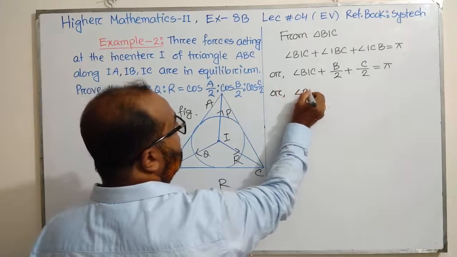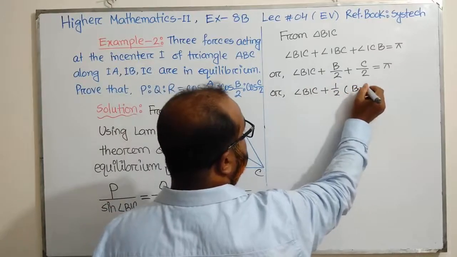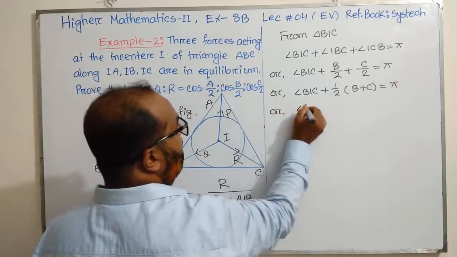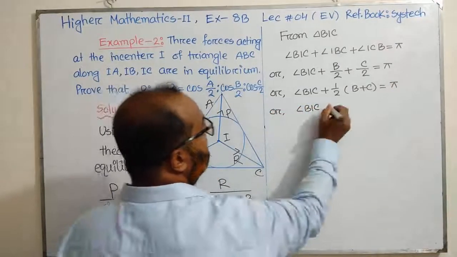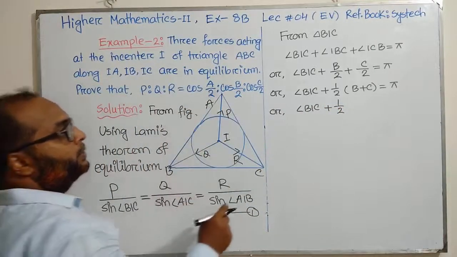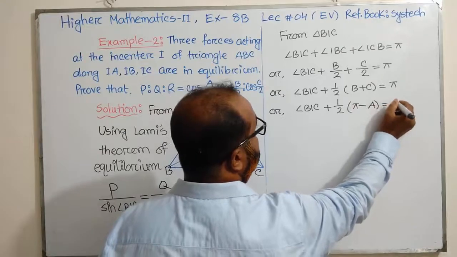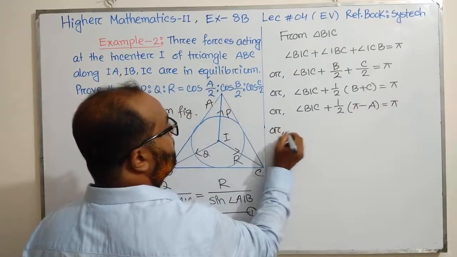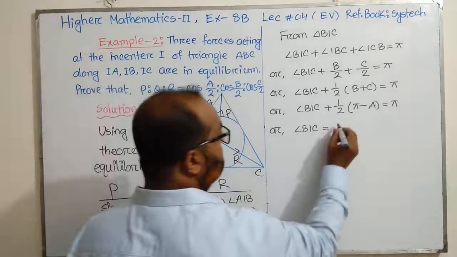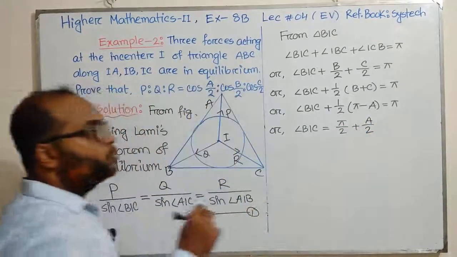Or angle BIC plus half is common, then B plus C, equals pi. Or angle BIC plus half, from triangle ABC we can write B plus C equals pi minus angle A. Or angle BIC, after calculating, equals pi by 2 plus angle A by 2.